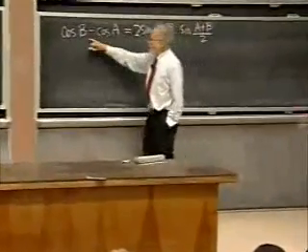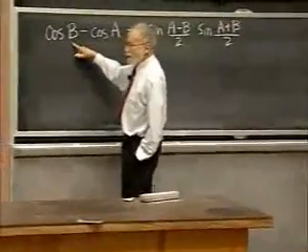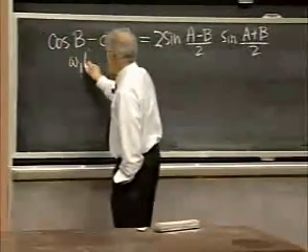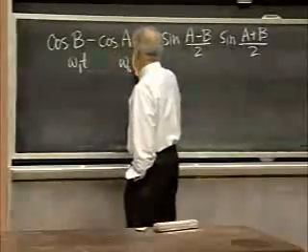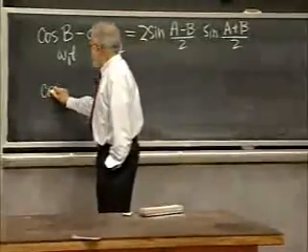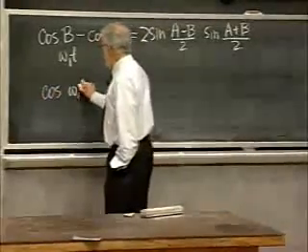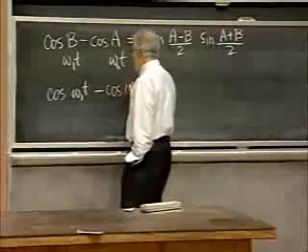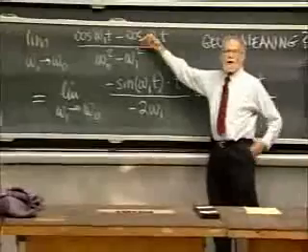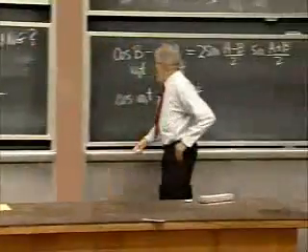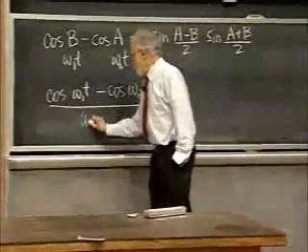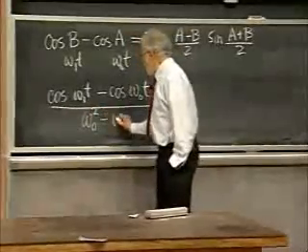So what's the left-hand side? B is omega 1 t, and A is omega naught t. So what we get is that the cosine of omega 1 t minus the cosine of omega naught t, which is exactly the numerator of this function that I'm trying to get a handle on, then we'll divide it by its amplitude, so that's this constant factor.